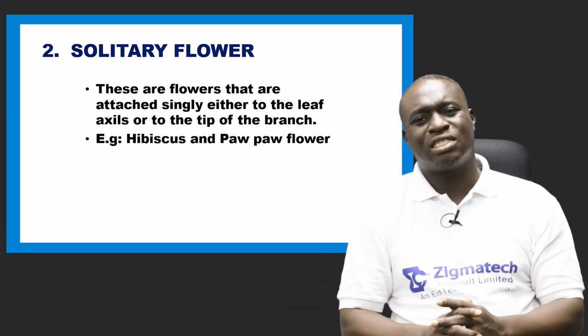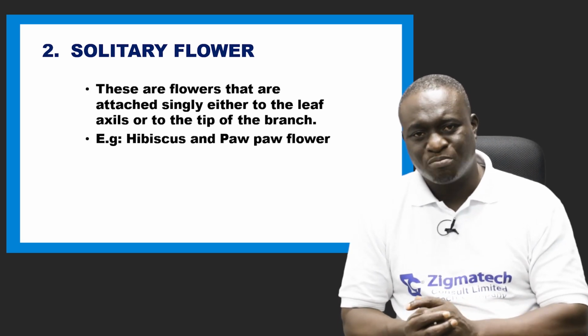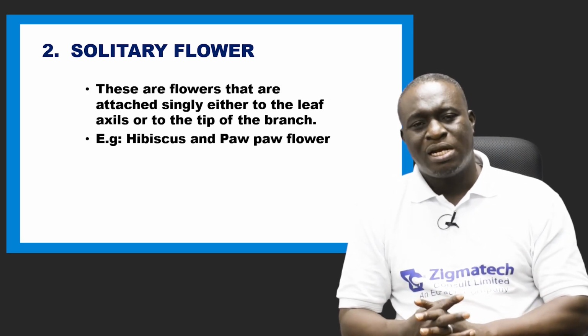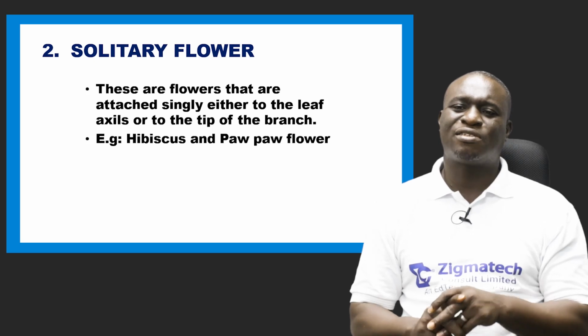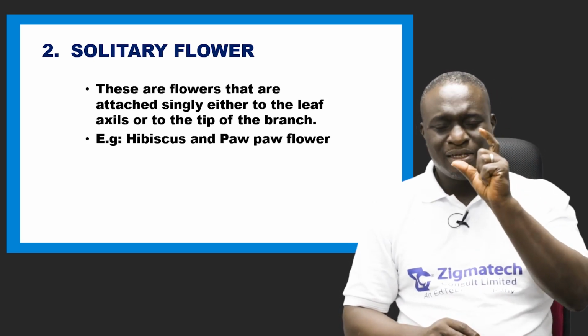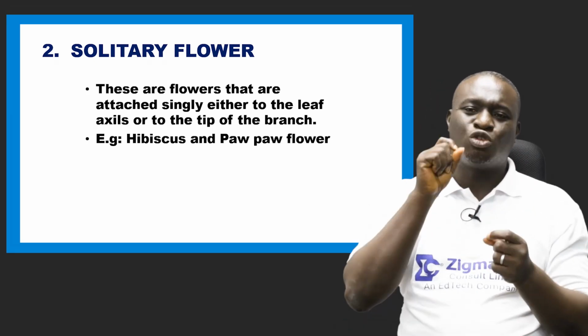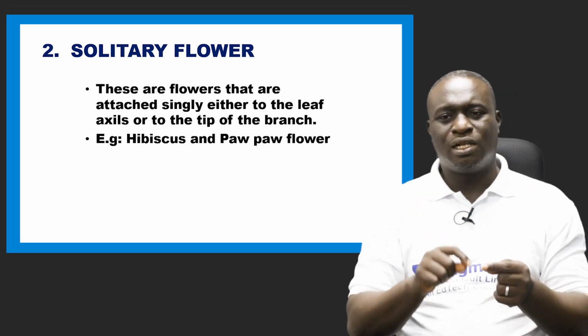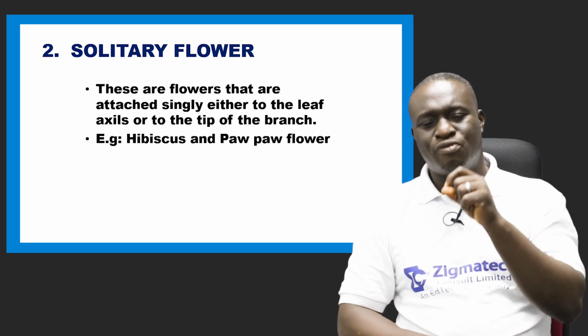Number two is the solitary flower. The solitary flower is a flower that is attached singly, either to the leaf axil or to the tip of the branch.